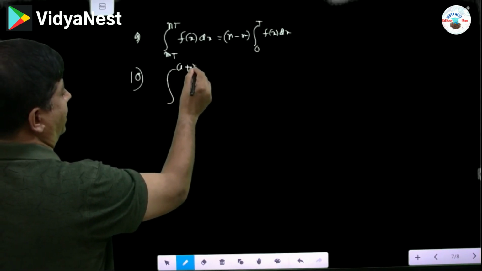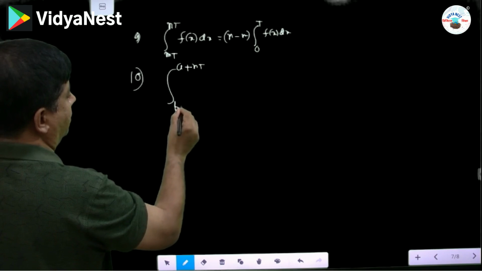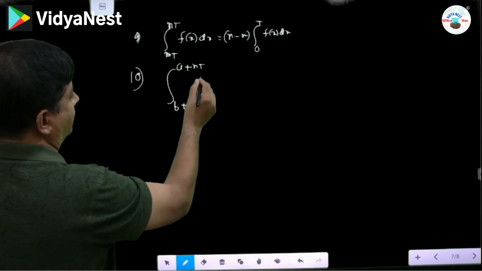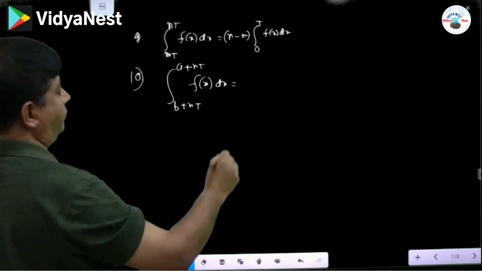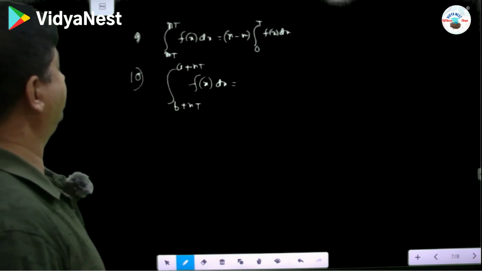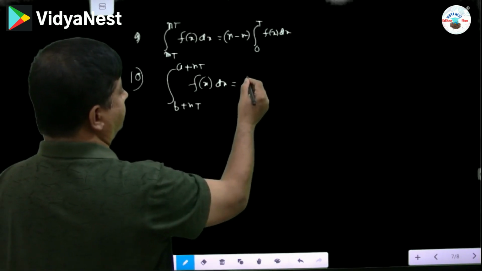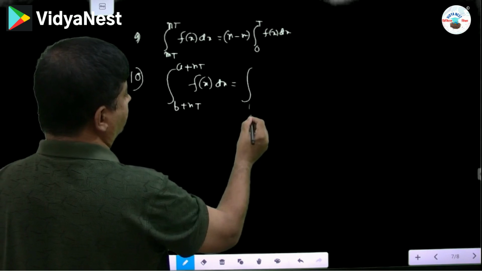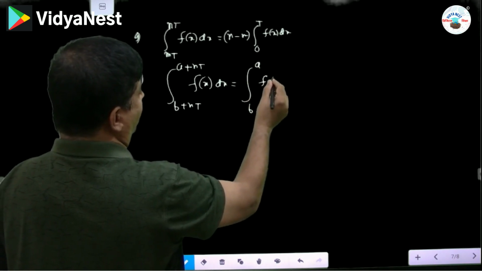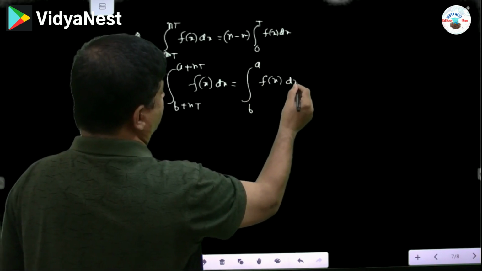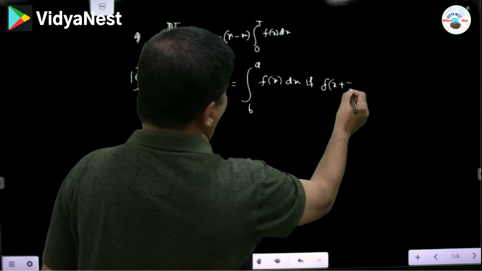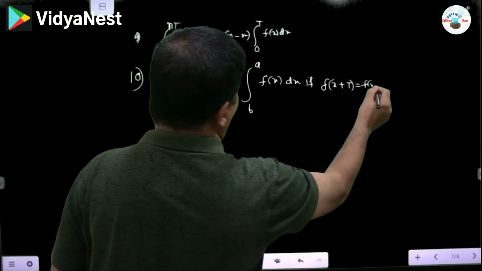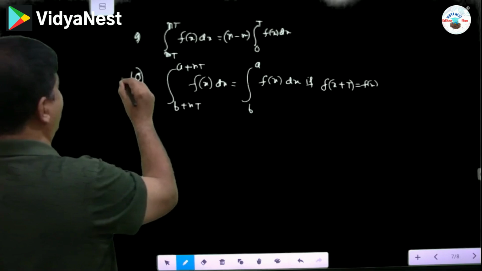Integral from A plus NT to B plus NT of fx dx equals the integral from A to B of fx dx, if it is a periodic function with period T. Important property that is.